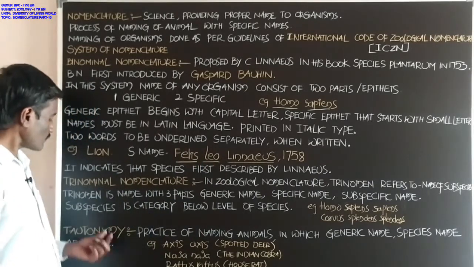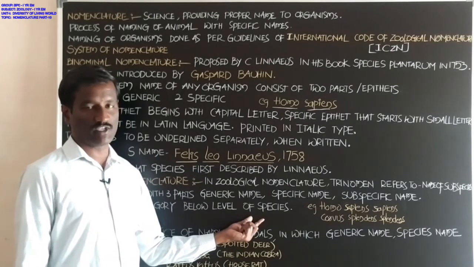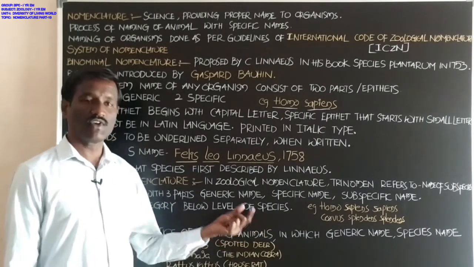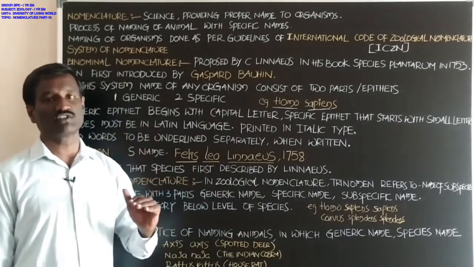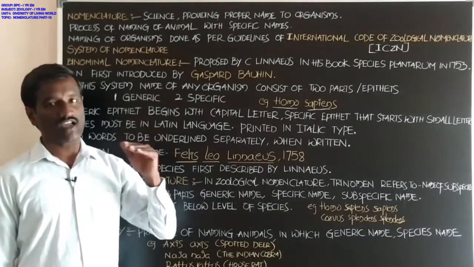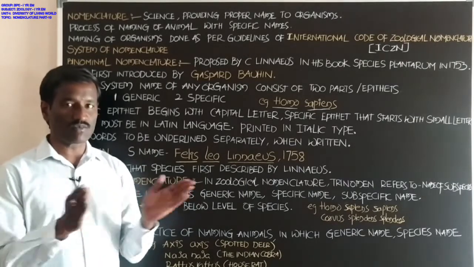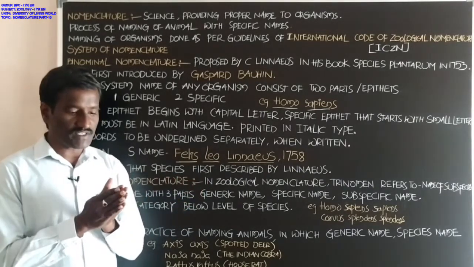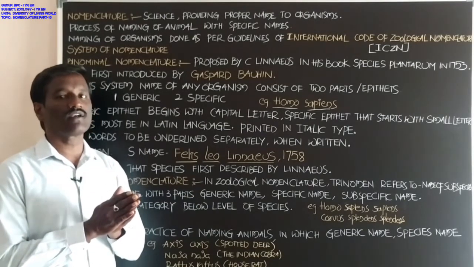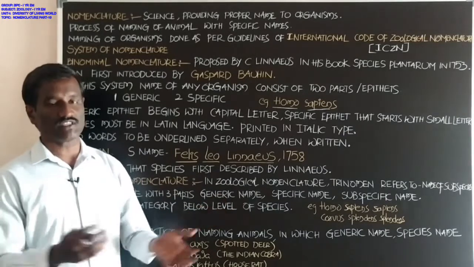The subspecies is a category below the level of the species. Species is a higher category than the subspecies. Subspecies show similarity in many characters, many features.